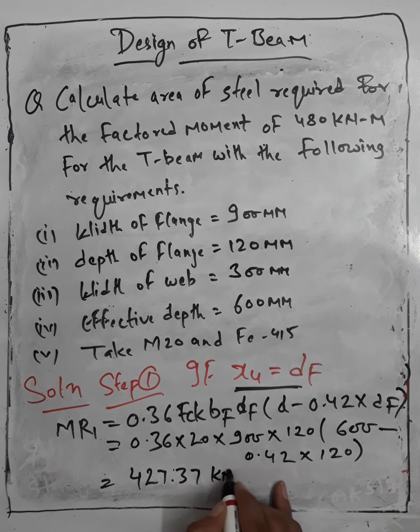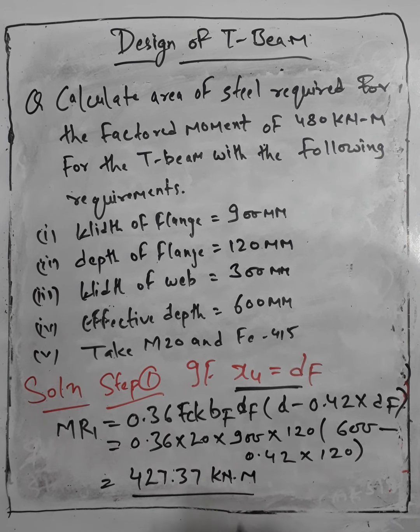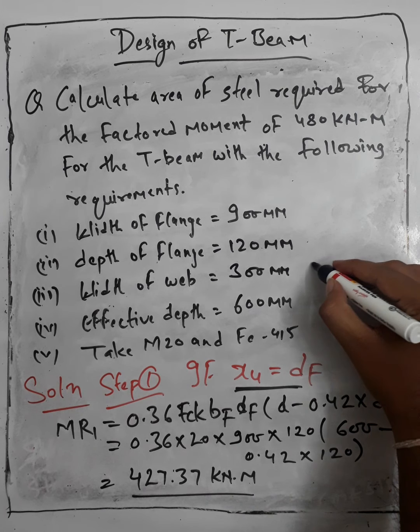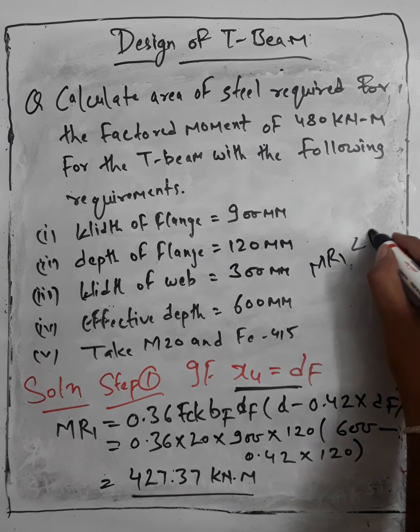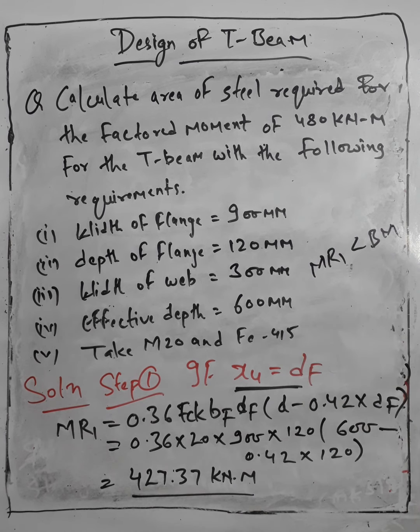After solving, we get MR1 equal to 427.37 kilonewton meter. So you see that MR1 is less than the bending moment.